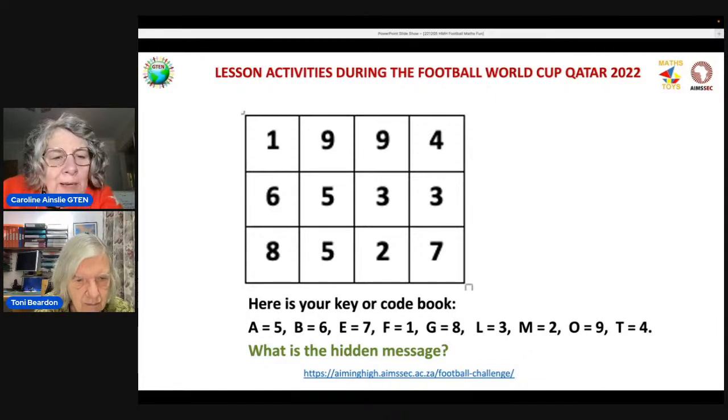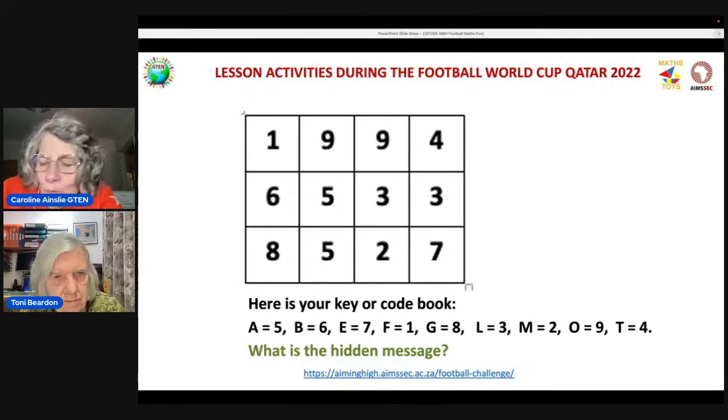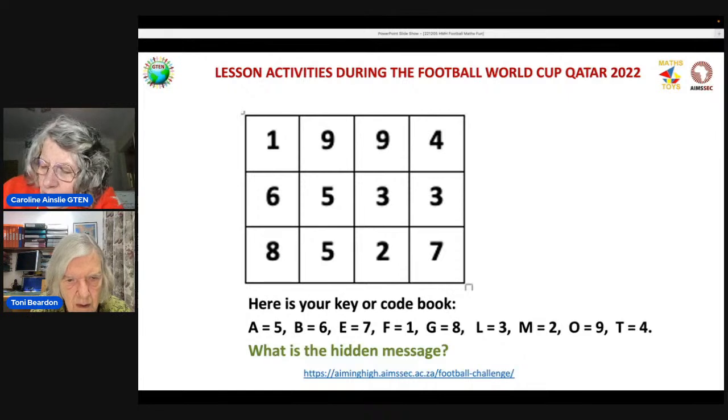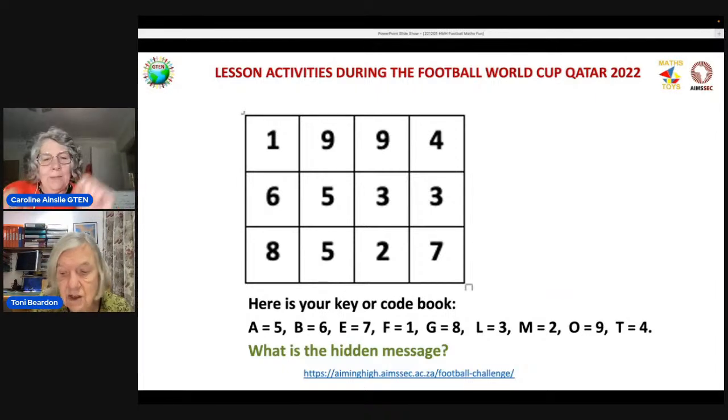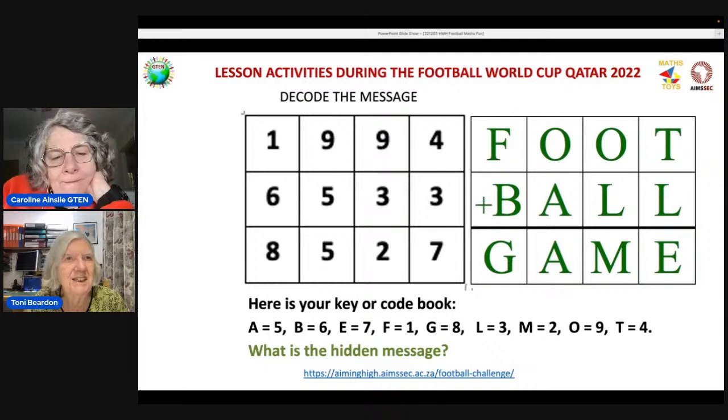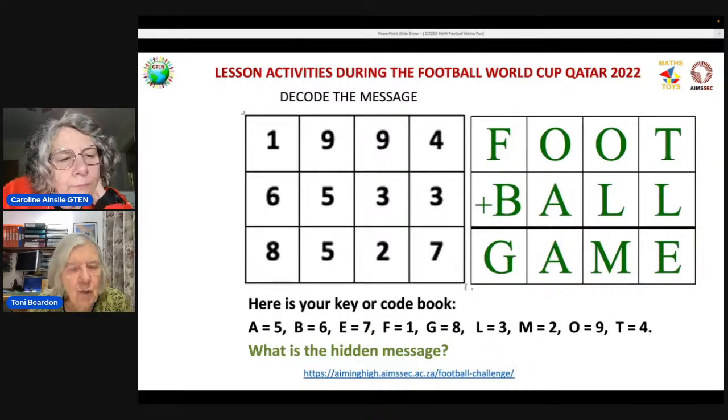What could the next one be? B is, I'm going to guess, I'm going to say it's football. What's the last word? 8 is G, 5 is A. I'm going to guess it's game. And yes, football game. That's exactly what it is. Okay. And this is a cryptogram.